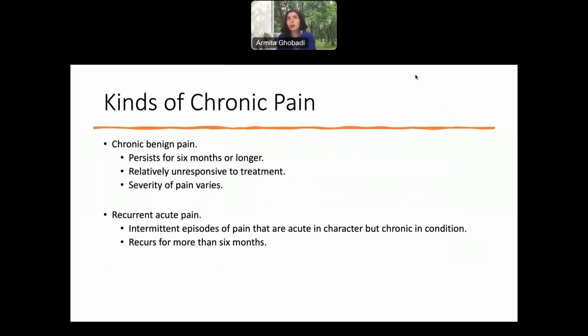For example, whenever you're experiencing migraines, most people who have migraines have them for years, but it's not every day. It's going to be, for example, 2 days, then it goes, then it's going to be another week. You see what I'm saying? It is not constant. It's not consistent. So it's the idea of recurrent acute pain. It is very painful, it is very annoying, but it's not consistent. It's not 24/7.